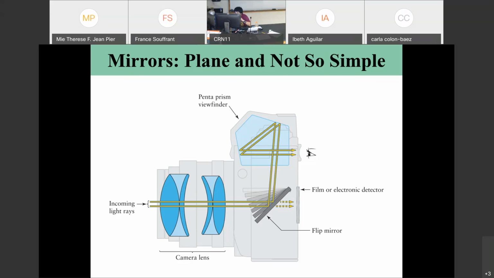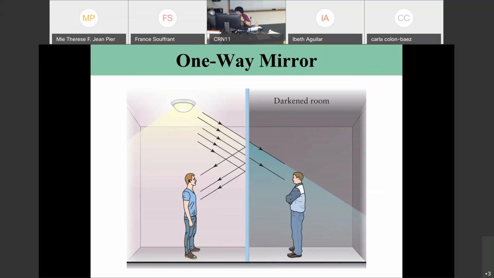Okay, we'll talk about lenses in a bit. Now you're probably wondering about the one-way mirror. A one-way mirror is made by partially coating the glass. You've probably seen this in movies. It's like a half-silvered mirror. You can see a person on the other side, but that person cannot see you.